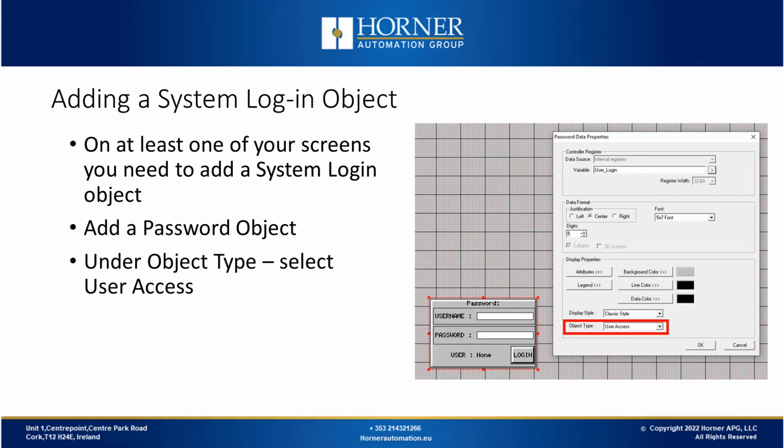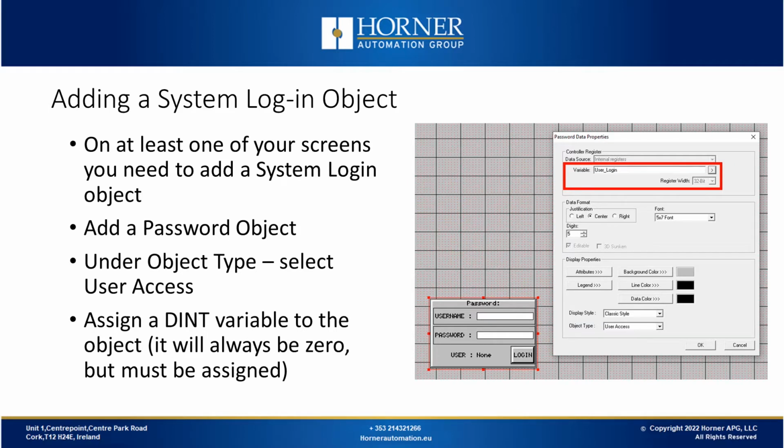By doing this, now your password object becomes a user login object. Then you can change the font sizes, edit the legend, resize the object, etc. Once you've done that, the last thing you have to do with the system login object is assign it a double integer variable. That double integer will be set to 0 and doesn't do anything, however there always must be a variable assigned with the password object.